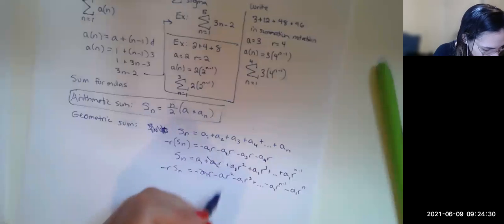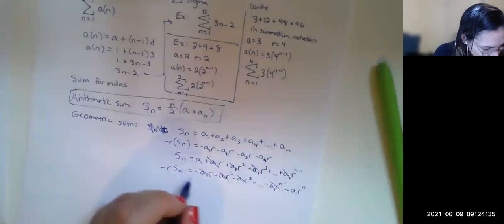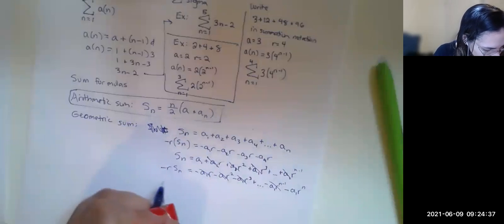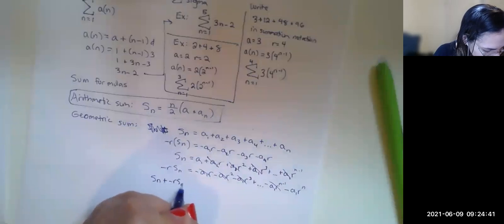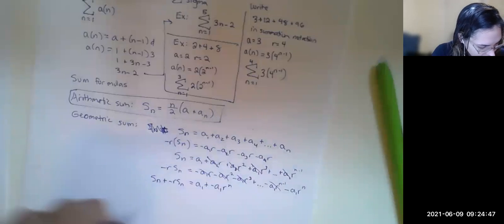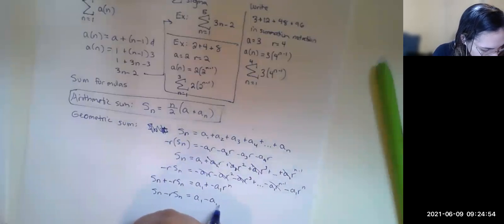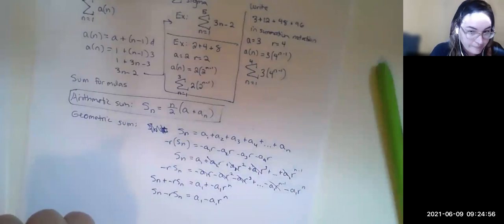This cancels, this cancels, this cancels, this cancels. If you add these two equations together, S of n plus negative r S of n, that's just a1 plus negative a1 times r to the n. So S of n minus r S of n equals a1 minus a1 r to the n.